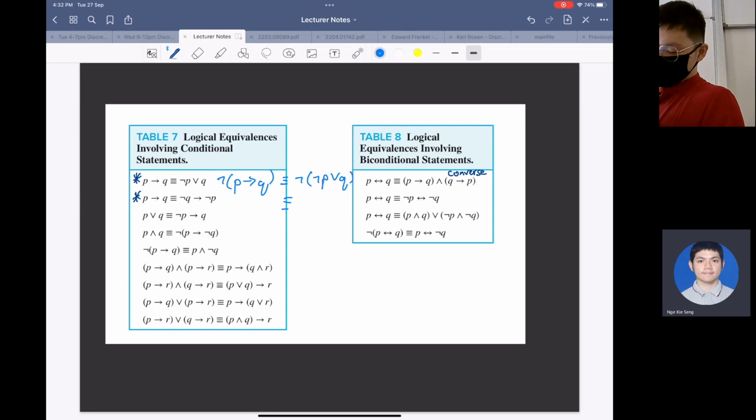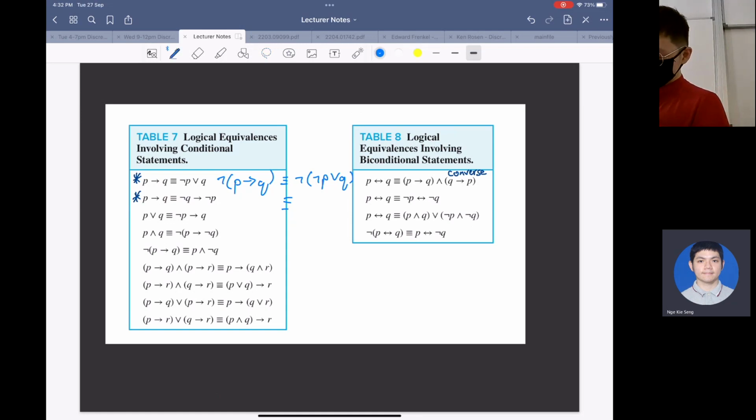Let's say we have this line here, and then I want to negate P implies Q. So negation goes into the OR. What law do I need to use? I'll give you a hint. If you want to negate the disjunction, what law do you need to use? De Morgan's law. Okay, that's the only law I want you to memorize today.